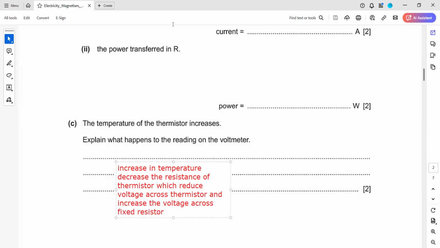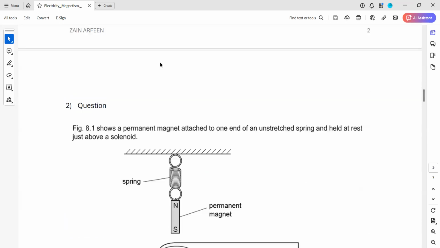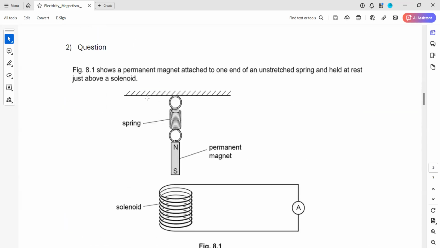So in a potential divider circuit or series circuit, if the voltage across one component increases, the other component's voltage will decrease.